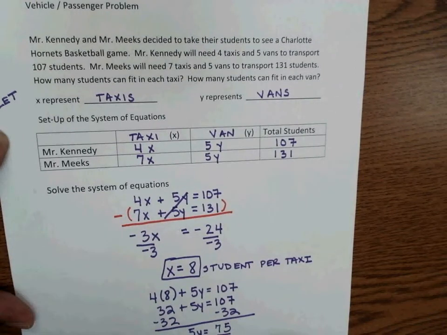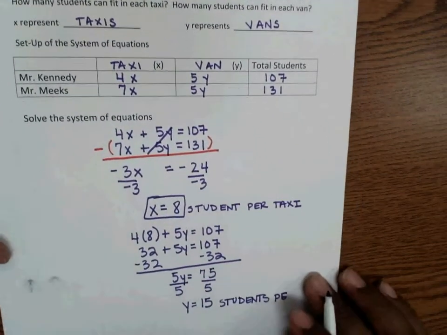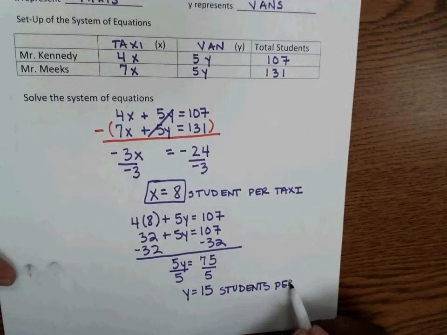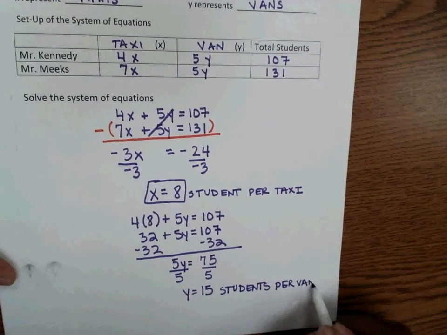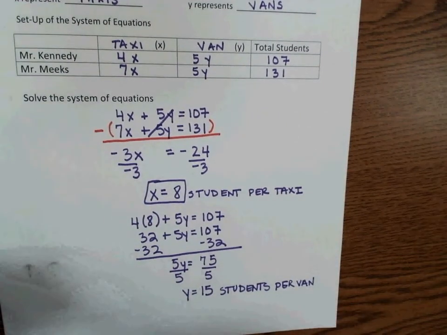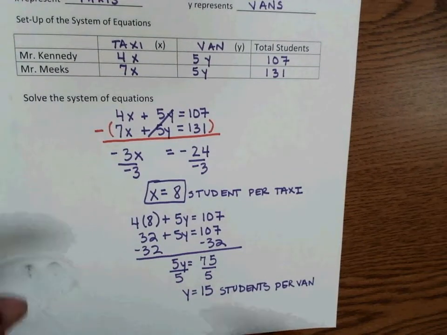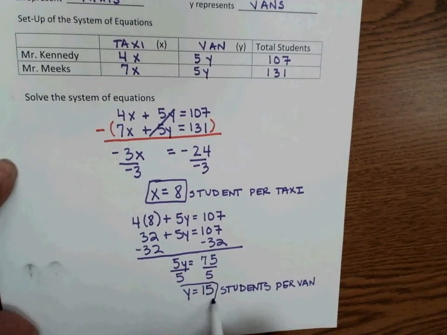And the 15 will represent the students per van. So the question it asks is how many students can fit in a taxi and how many students can fit in a van.